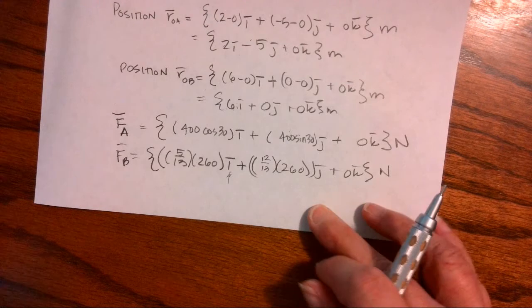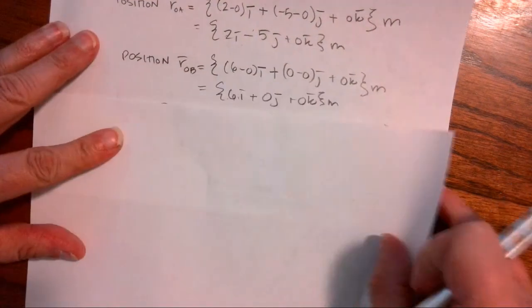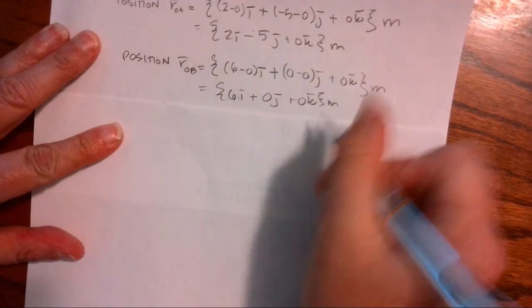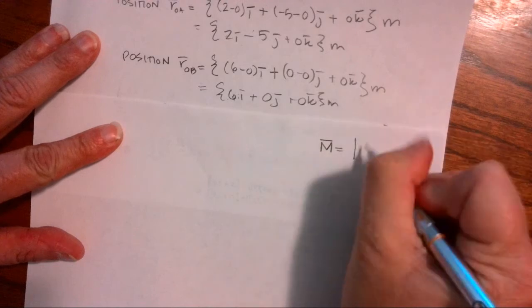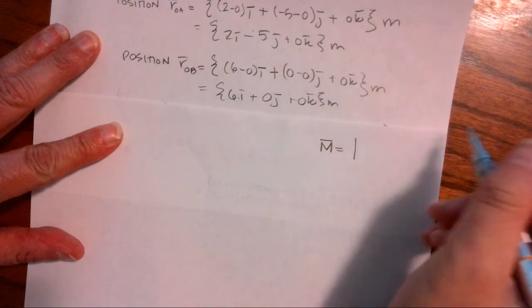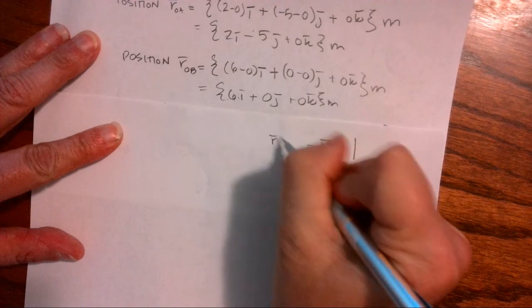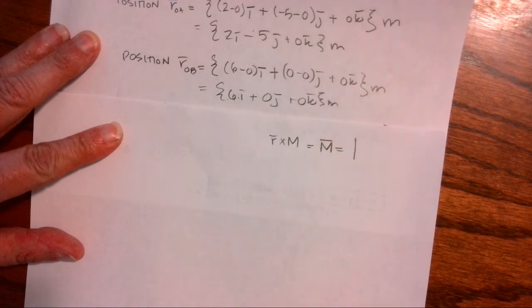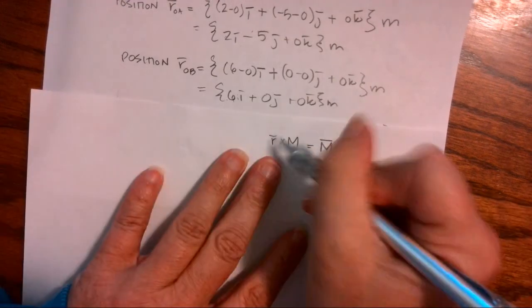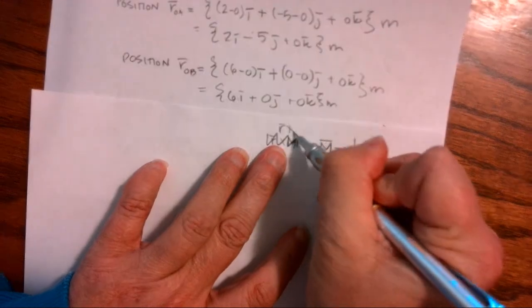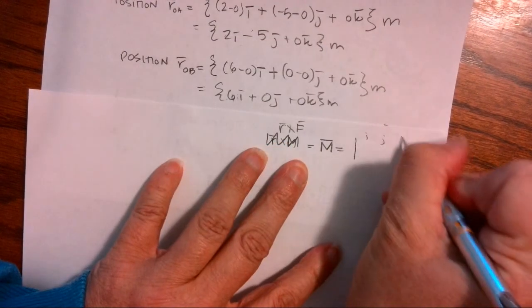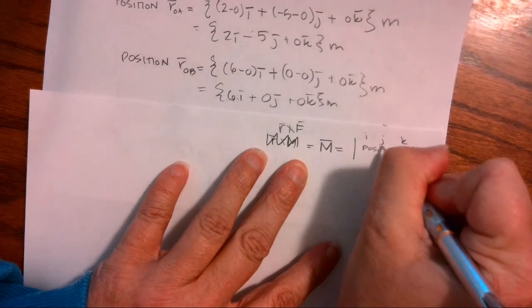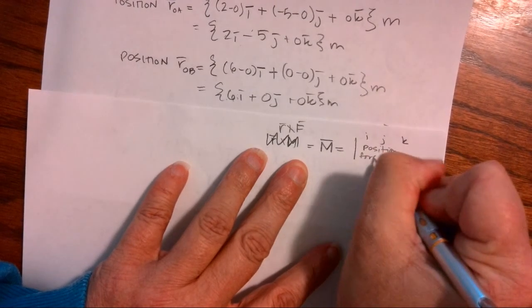Okay, so I need to remember that my Cartesian vector equals r cross, actually r cross F. I, j, k, position, force, always.